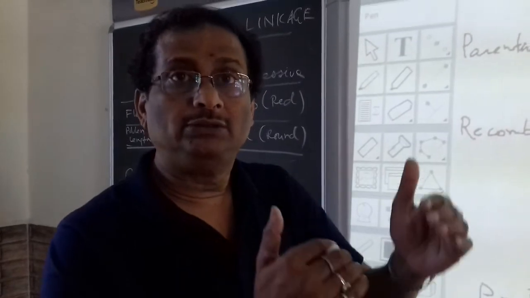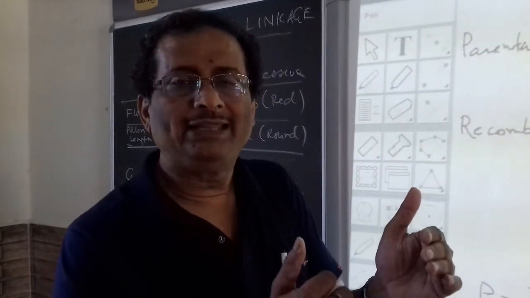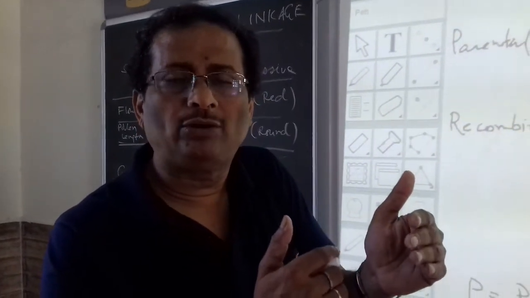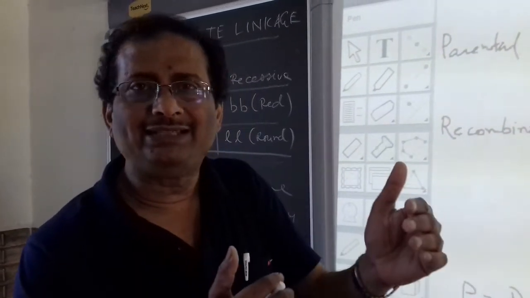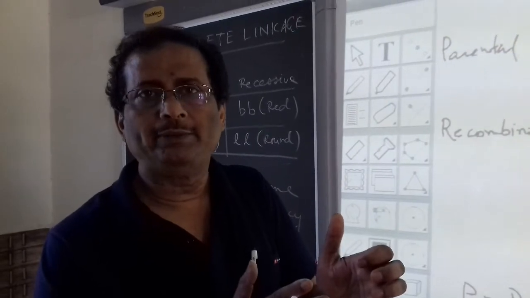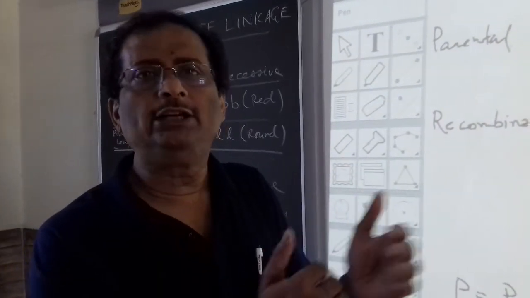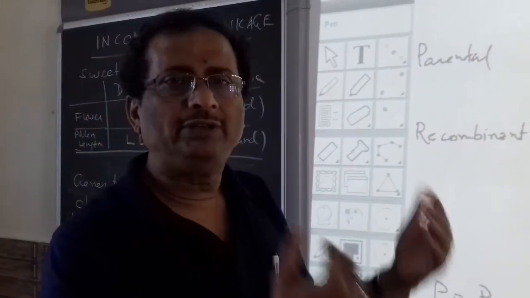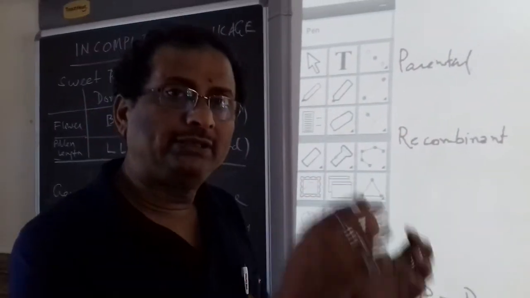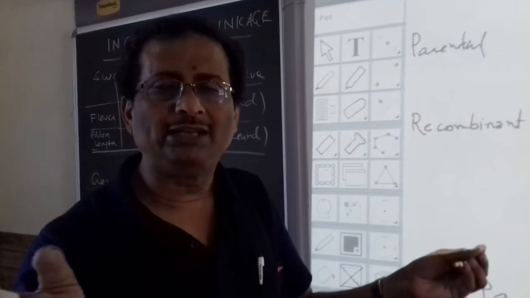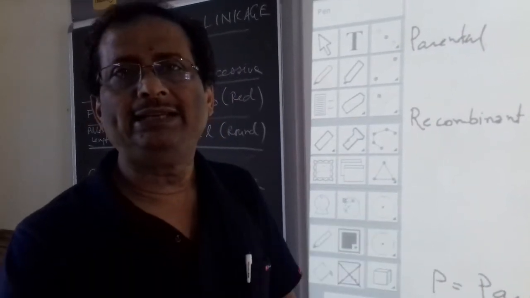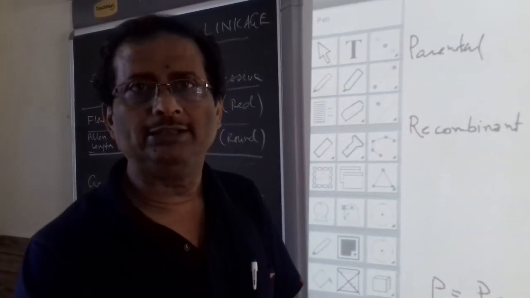Now the recombinants will arise if the two genes are located on the same chromosome but quite a distance apart, and that leads to incomplete linkage. If they are very near to each other on the same chromosome, then it will be a complete linkage. But if the genes are located on two different chromosomes, then they will assort independently, following Mendel's law.